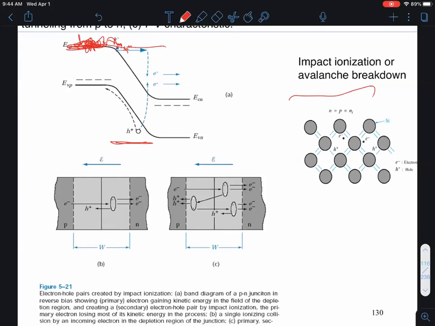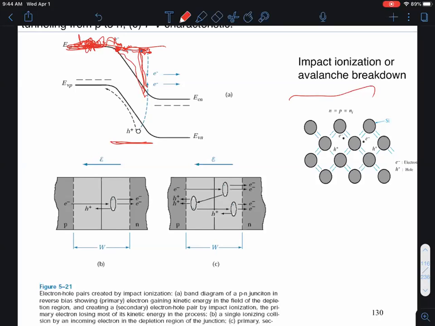Now, suppose I look at this electron over here. What is its kinetic energy? Well, at the band edge, the kinetic energy, of course, is 0. It's seeing an electric field. There's a variation of the potential energy. Therefore, the electron accelerates in this electric field. And suppose it's moved to this point. Is the kinetic energy 0 or non-zero? It's non-zero because it's away from the band edge. Such high energy electrons are sometimes called hot electrons.